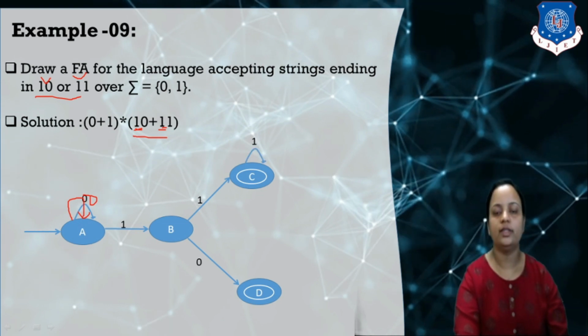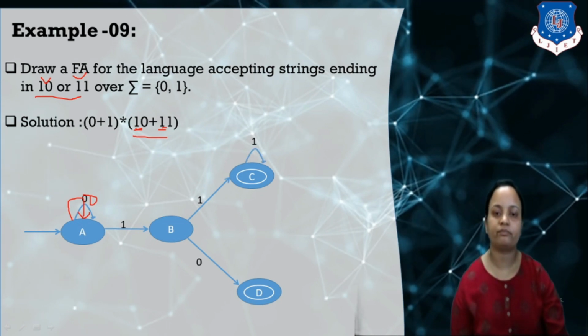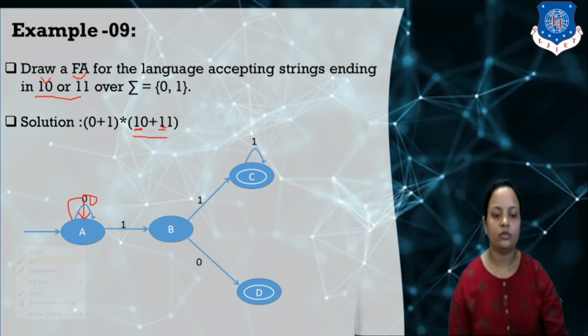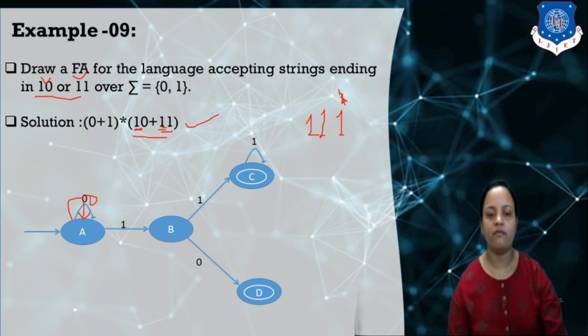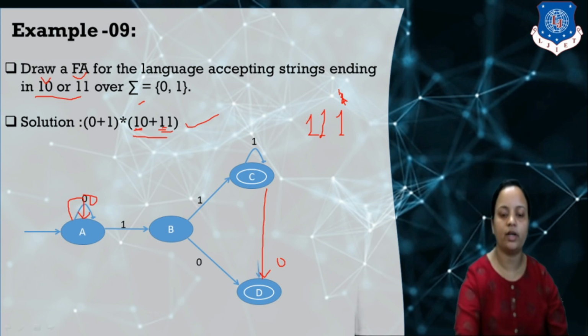Now complete C. Considering the input at C, 1 1 1 star: if 1 is repeated any number of times, it always ends with 11, which is a valid string. Now consider 0. So 10 is valid. So we move the transition for a 0 input on state C to D like this.